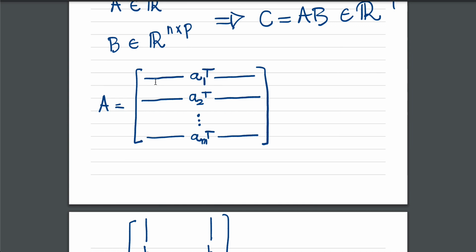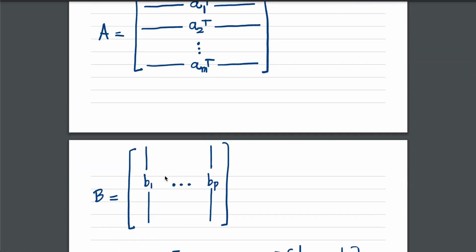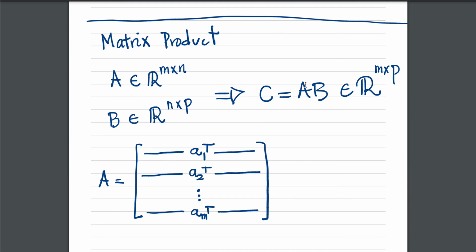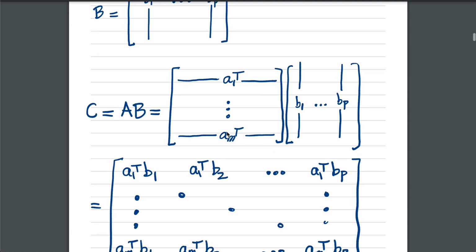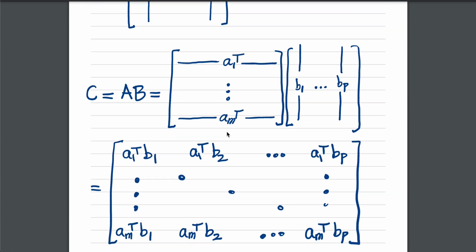Why do we care about the rows and the columns of B? Because we want to talk about AB. What is AB? C is AB. This is A. This is B. And then the matrix product of matrices A and B is the third matrix with entries that consist of inner products between the rows and the columns.